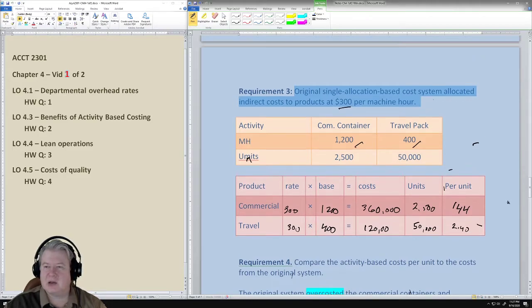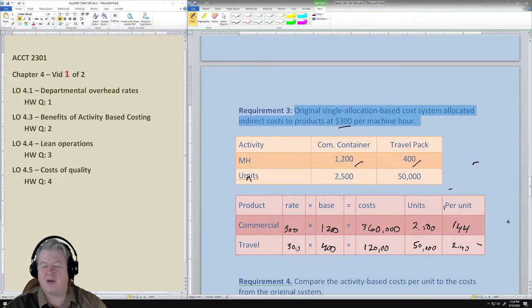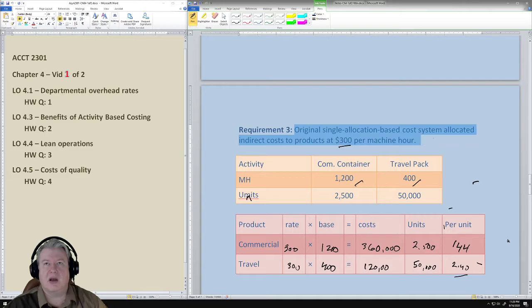If we take a look back here, where we came up with 132 and 310, they don't seem very far off. But imagine you're trying to charge something for this. You think your costs are $2.40, so maybe you only charge $4. But you find out later that your costs are actually $3.10. The difference between those two amounts of profit is pretty big, and you're making that on 50,000 units.